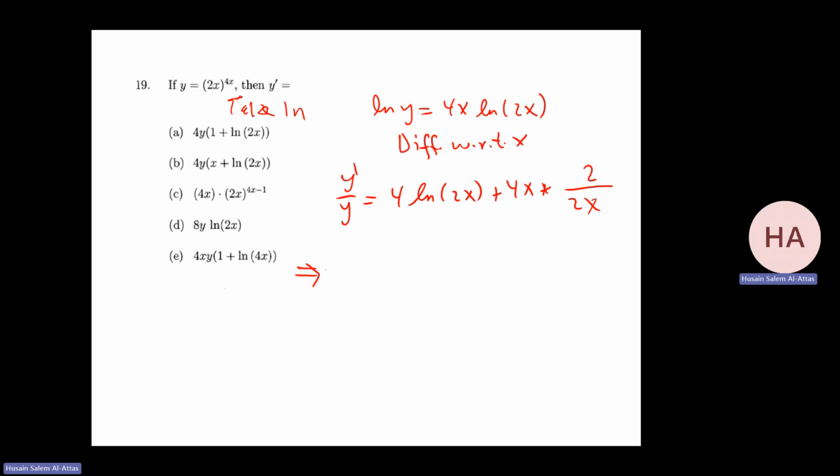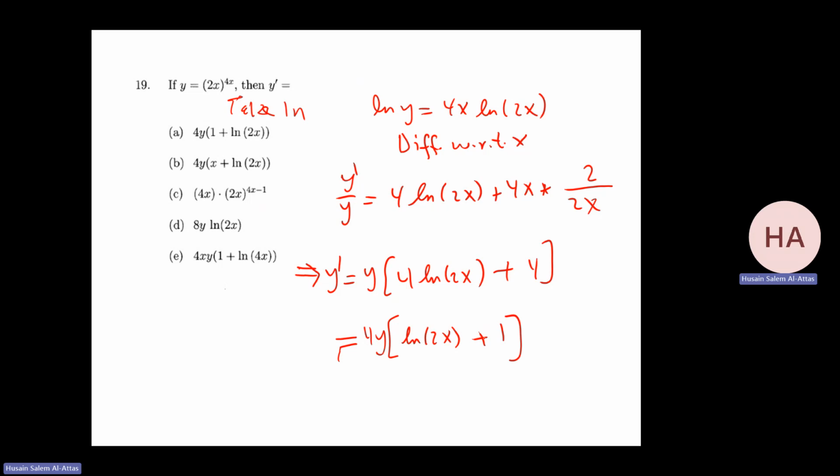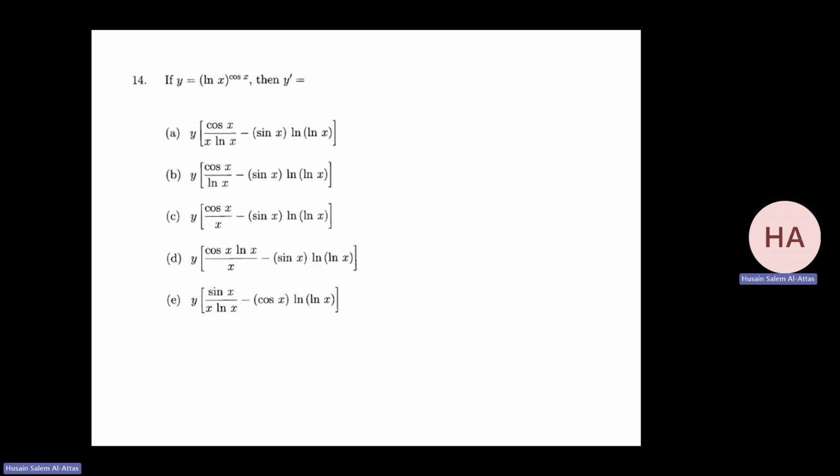So y prime will be y times 4 ln 2x, x with x, 2 plus 4. I can take 4 also as a common factor. So I have 4y times (ln 2x plus 1), or 1 plus ln 2x.